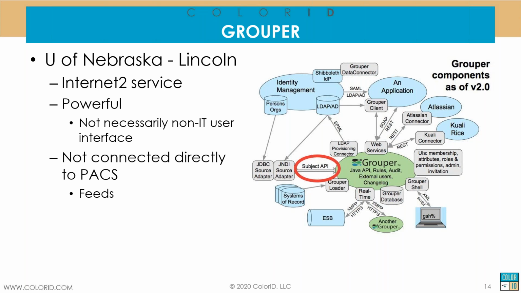This very scary looking diagram here is something like what the University of Nebraska Lincoln is using. Grouper is the name of the solution that sits behind this diagram. It's an Internet 2 service, so if your school has access to Internet 2, you have access to Grouper. There's a fee, but I don't think it's prohibitive.